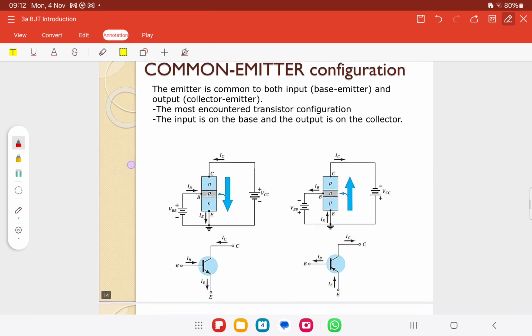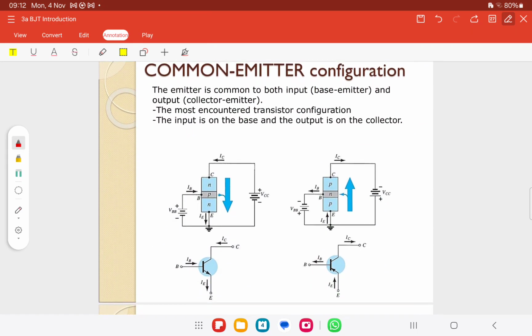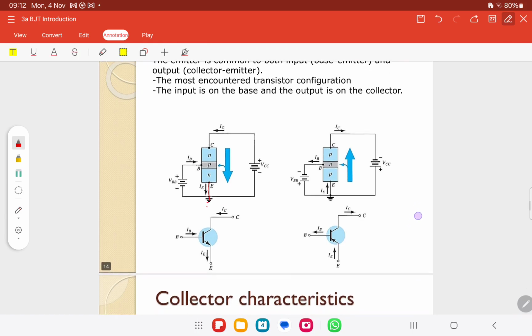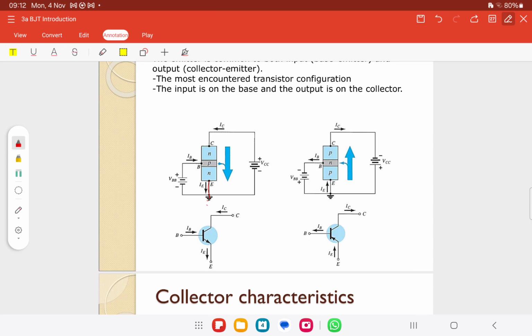Okay, second one we go for common emitter. Common emitter dia macam ni. We have this emitter connect to ground. Alright, so IB masuk, IE goes in, we have the IE.